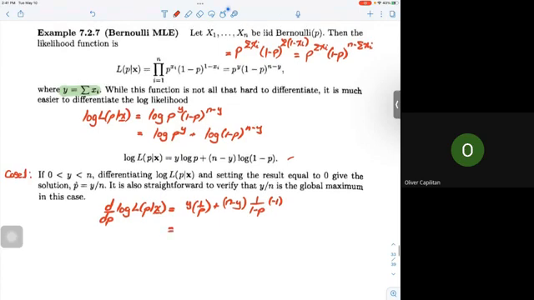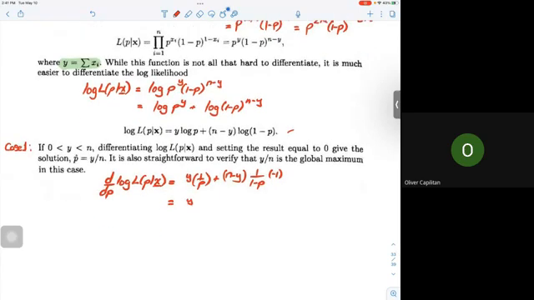So we have y over p minus n minus y over 1 minus p. If we equate this to 0, we multiply both sides by p and 1 minus p.